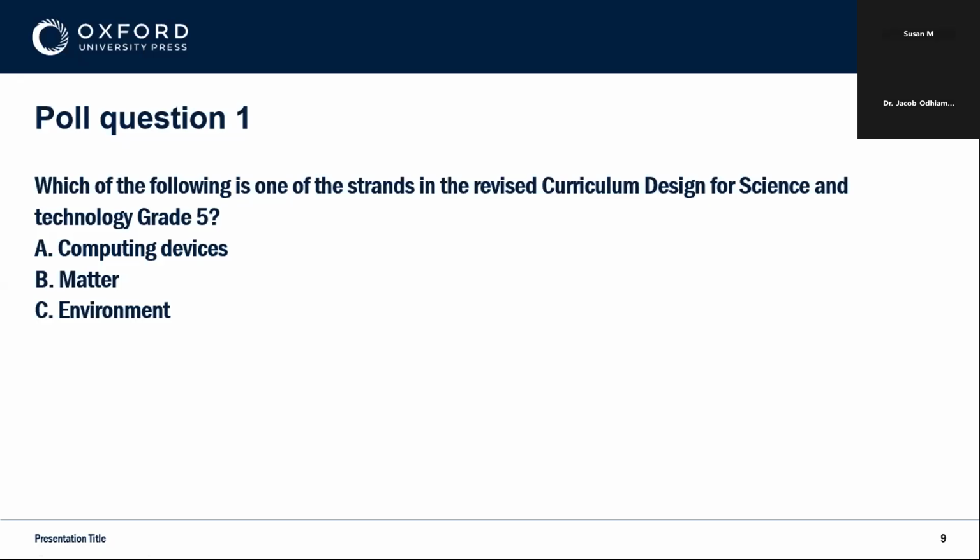Matter is a predominant answer, but we have a few that are mentioning computing devices. It looks like there's a clear lead of B as the answer, matter, but there's also a few mentioning computing devices, so that could guide us from there. Thank you very much, participants.